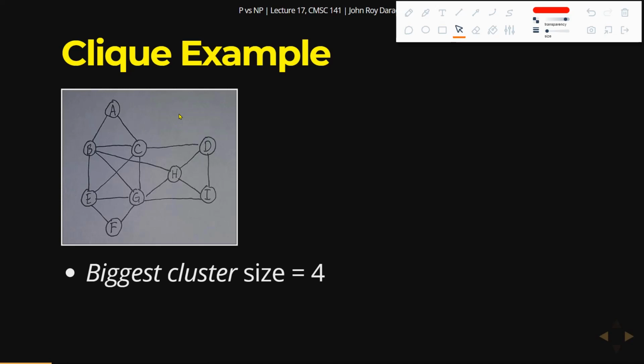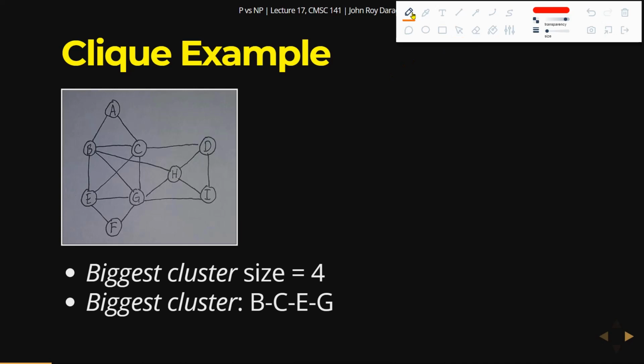From last time, we said that the biggest cluster size here is 4, and that would be B, C, E, G. Because here B, C, E, and G are all connected to each other, right? So B is connected to E, to C, and to G. C is connected to G, and to E, and to B as well. So all of them are connected to each other. Okay, so that is the clique problem.